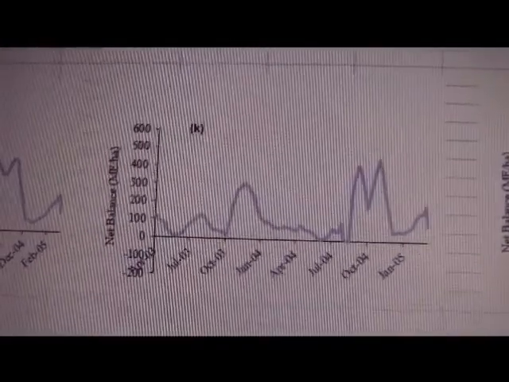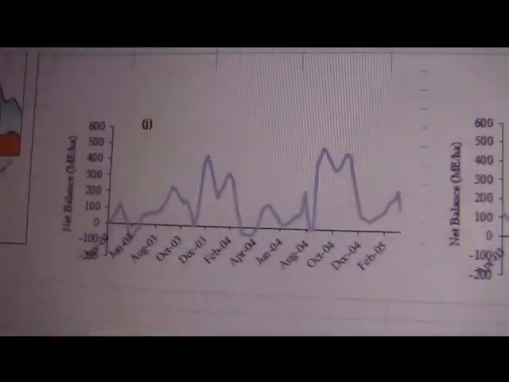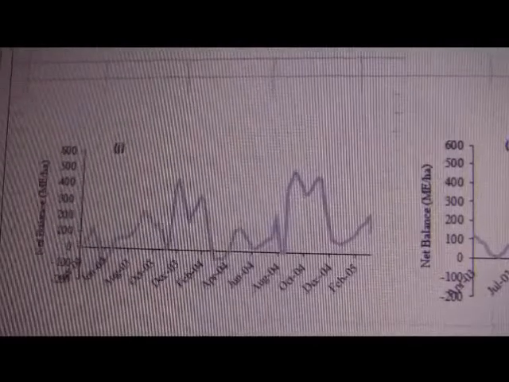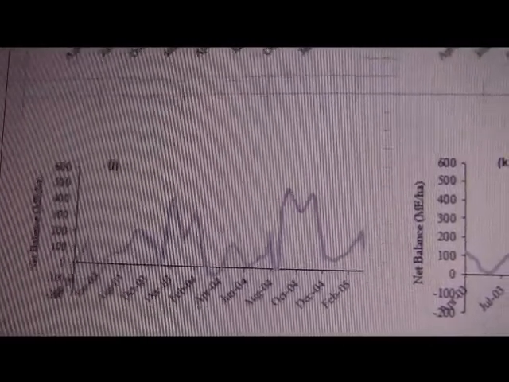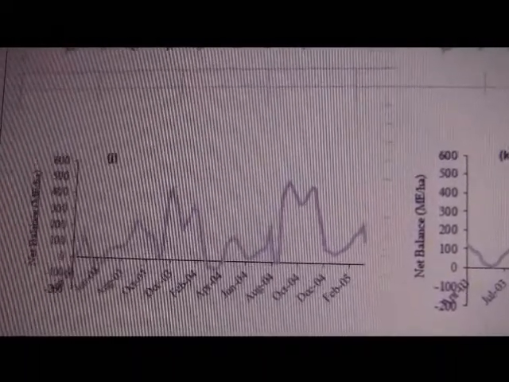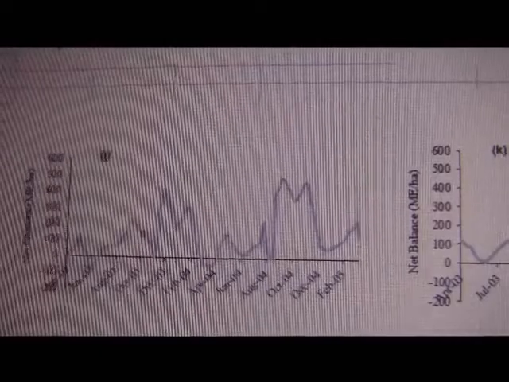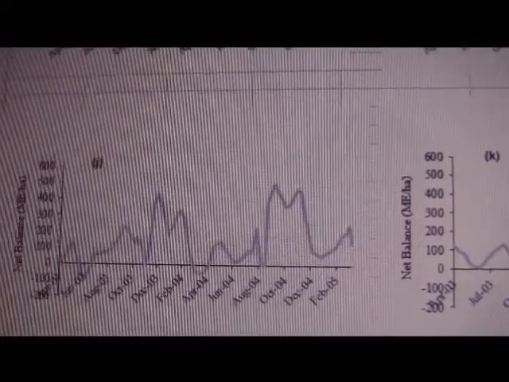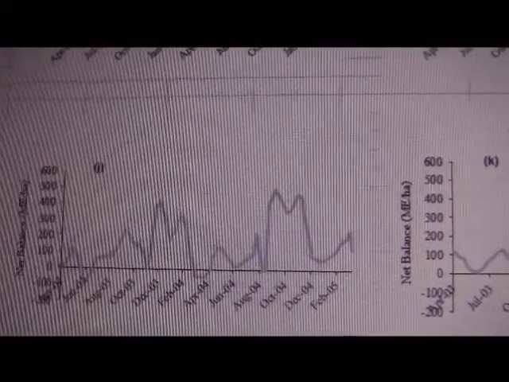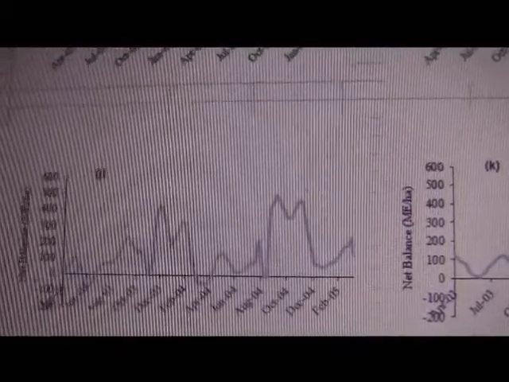With this high input system, yes, it was improved pasture, highly fertilized. We assume that there was a fast pasture growth rate, but the animals were consuming it. And when we measure the animal performance, their live weight and also their condition score, it was quite high, comparatively significantly high compared to the other two farmlands.